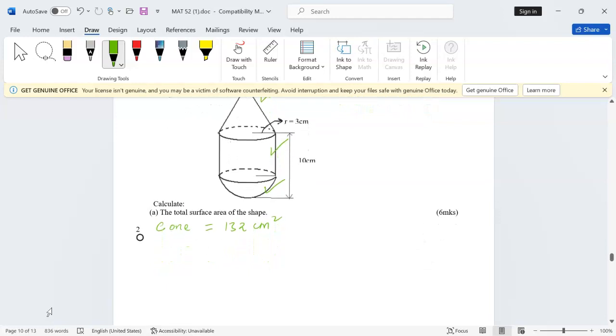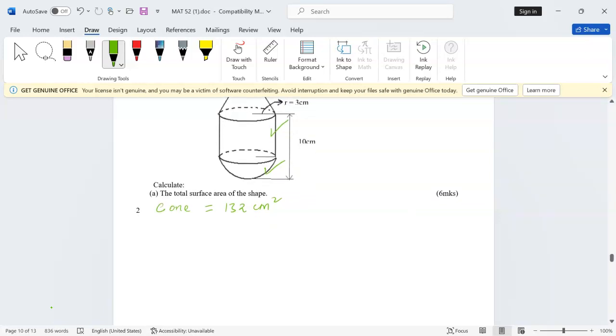Then we go to the cylindrical part. The curved surface area of a cylinder is given by 2 pi r, multiplied by the height of the cylinder.